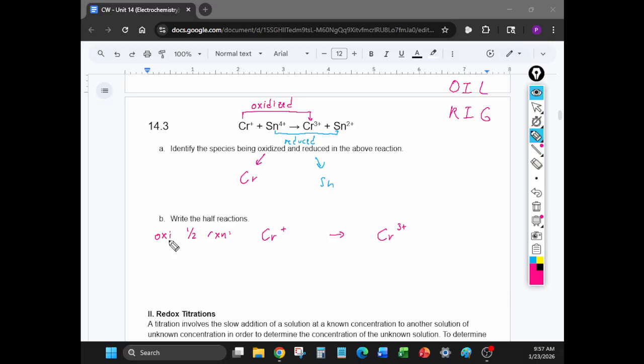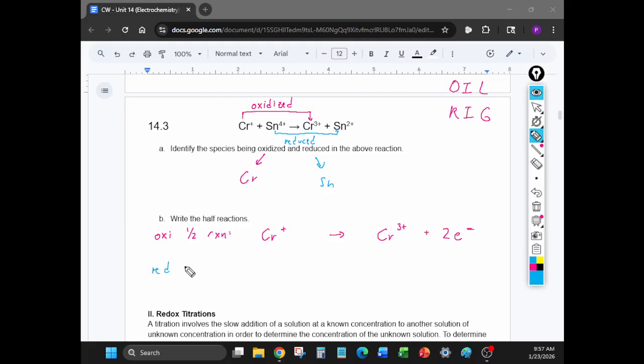Now, if you are oxidized, you are losing electrons. If you lose electrons, that means that you are splitting apart from them. So that means chromium is splitting from the electrons, and to go from +1 to +3, you are splitting from 2 electrons. Remember, oxidation half reaction, electrons are a product.